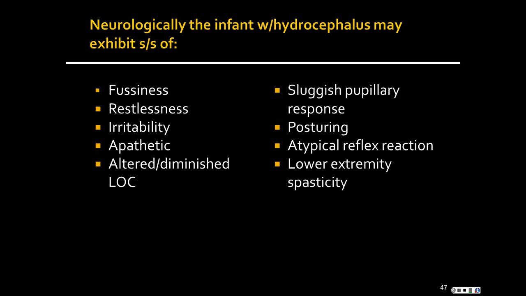In addition, the infant may feed very poorly because of difficulty positioning and difficulty swallowing. Their cry may be very high-pitched and cat-like in some extreme cases. Also in extreme cases, cardiopulmonary depression may occur.